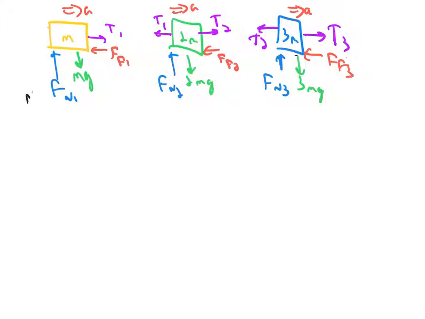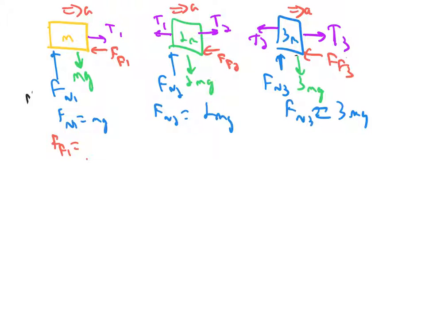Each of the normal forces is just going to be the appropriate weight, because we still have no vertical accelerations. So without further proof, Fn1 is mg, Fn2 is 2mg, and Fn3 is 3mg. And the frictional forces are going to be mu times the normal force, because it's kinetic, and that's always the same.